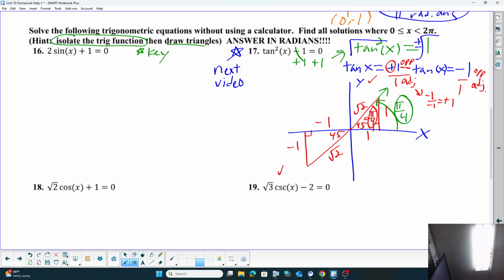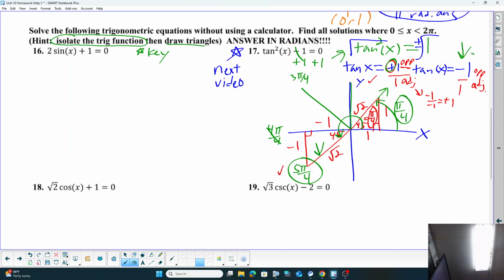Then this one goes all the way around: 1 pi over 4, 2 pi over 4, 3 pi over 4, 4 pi over 4, that's pi, and then finally down here is 5 pi over 4. So those are our two solutions for positive 1.